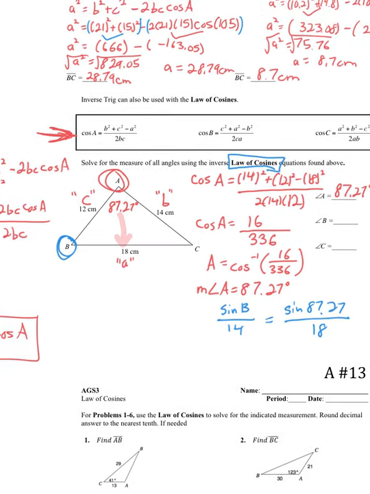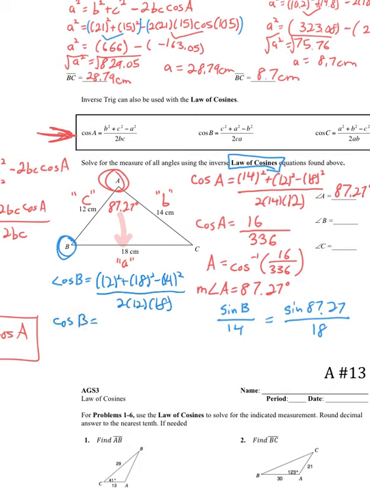Instead, I'm just going to go ahead and do angle B here. So cosine of B equals C squared, 12 squared, plus A squared, 18 squared, minus B squared, all over 2 times A times C, 2 times 12 times 18.